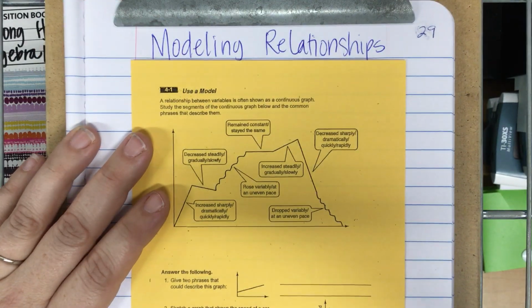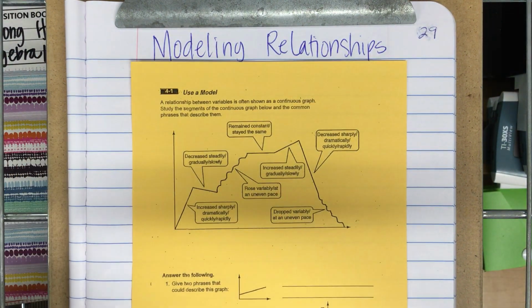And I'm going to zoom in. And it says, a relationship between variables is often shown as a continuous graph. Study the segments of the continuous graph below and the common phrases that describe each of them. So I've given you even more vocabulary that you could talk about.